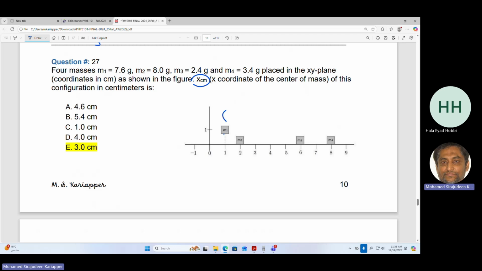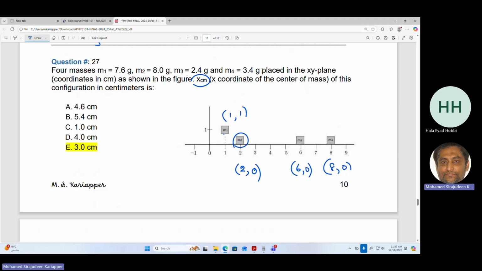The coordinate of M1 will be 1, 1. The coordinate of M2 will be 2, x is 2, y we'll assume is 0 here, although it is a little bit above. Anyway, never mind, because we are not interested in the y center of mass, so I'll call it 0. And this one will be 6, 0, and this one will be 8, 0.